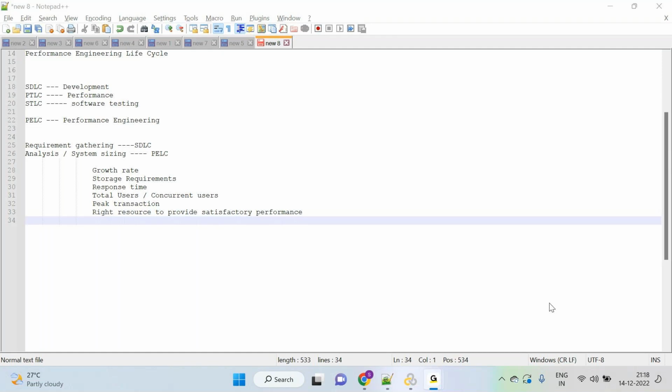But if you still want to granularize these requirements, say how many screens you are going to develop, how many page navigations there are, what technology, what language, what server you are going to use, yes, you can still do that in the requirement gathering stage itself.